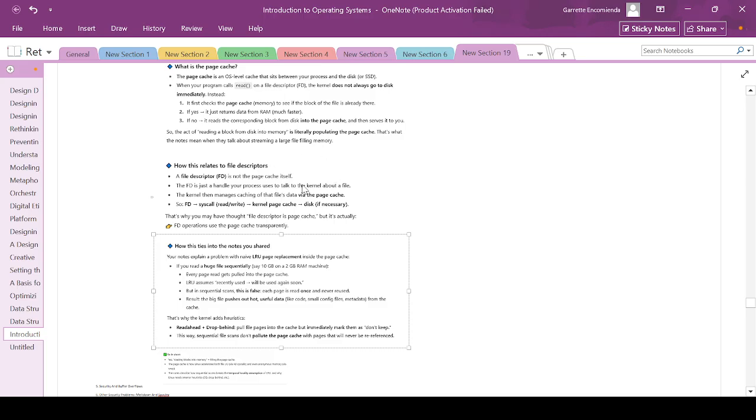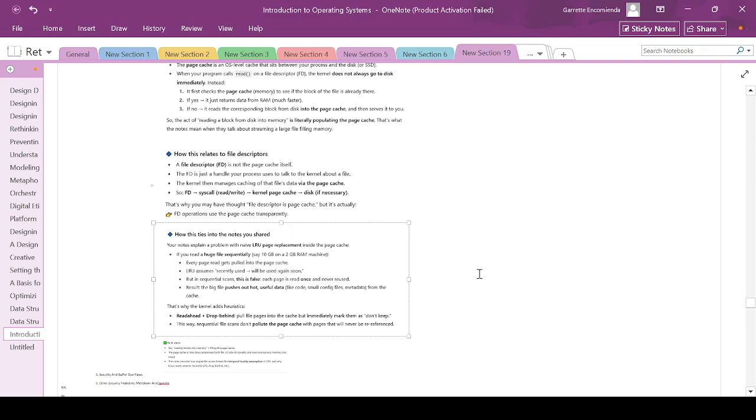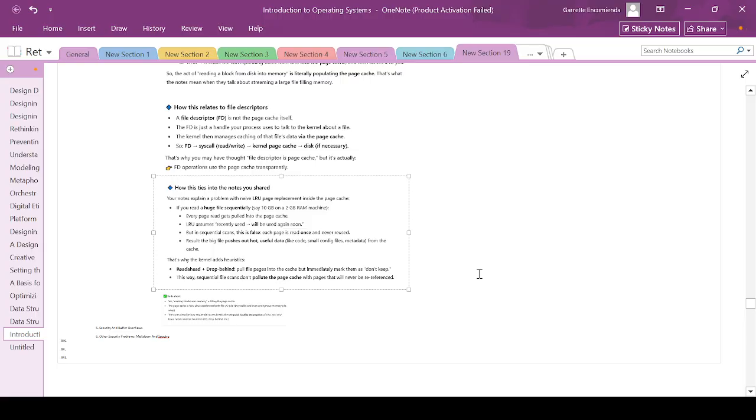So how does this relate to the file descriptor? A file descriptor is not the page cache itself. The FD is just a handle your process uses to talk to the kernel about a file. The kernel then manages caching of that file's data via the page cache.